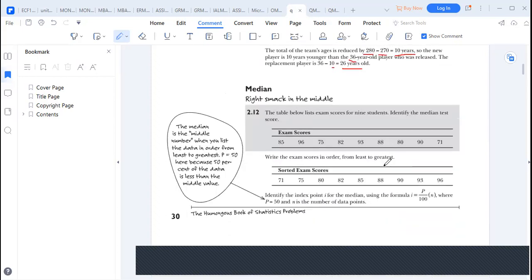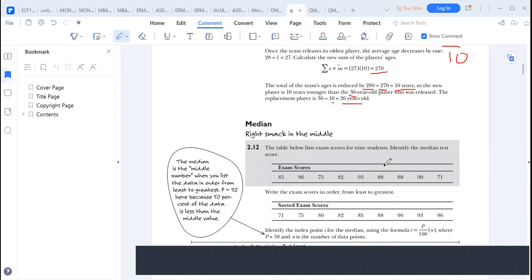All right. Let's go to another question here. We have exam scores for 9 students, and we are asked to identify the median. So median requires us to identify the middle. So middle is always half of n. So we have how many? We have 9 students.